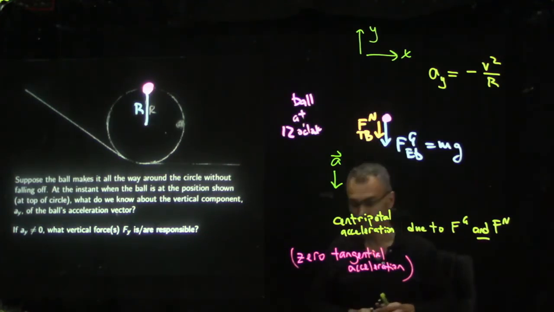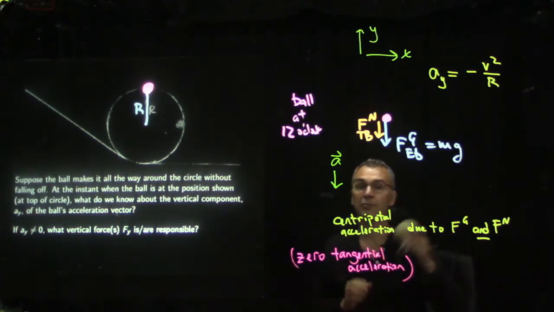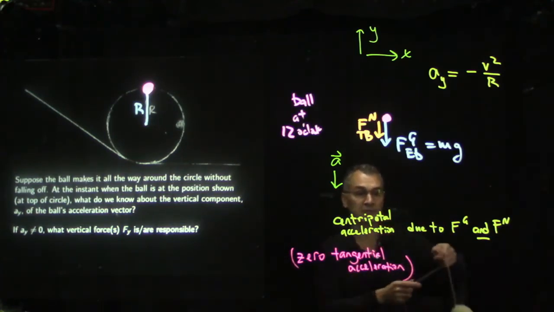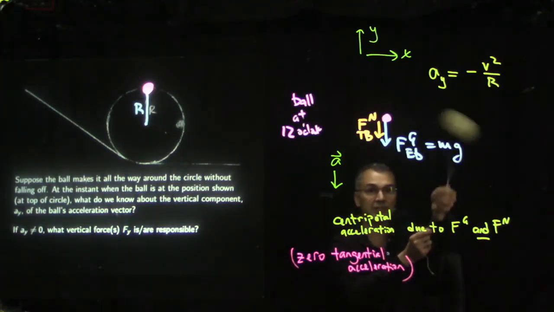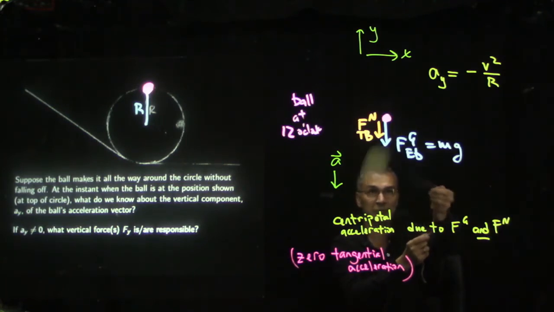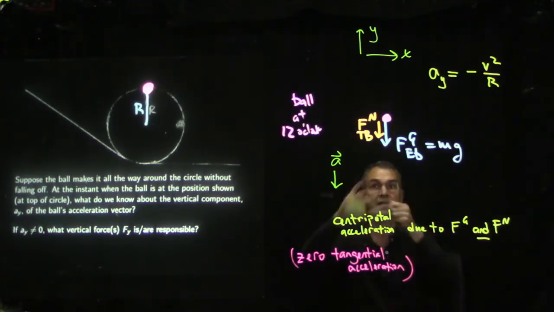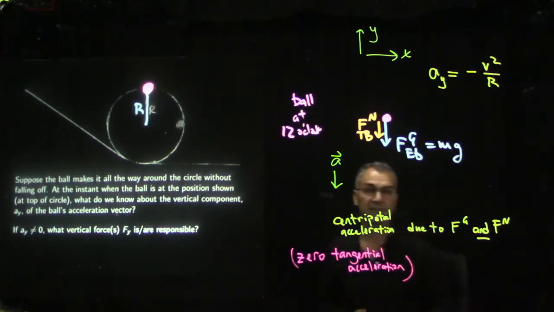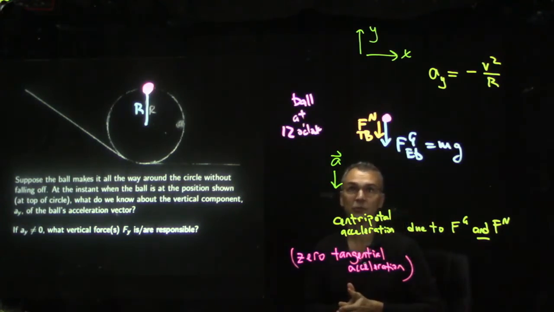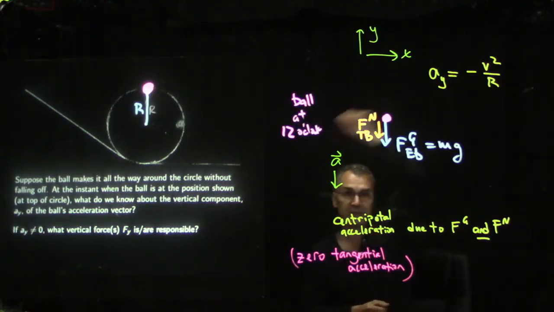Now, remember, the track can push on the ball, the track cannot pull on the ball. And that's analogous to this idea that the string can pull on the ball, the string can't push on the ball. It's also analogous to this idea that the bucket could push on the water. The bucket could not pull on the water when I was spinning the bucket of water around.